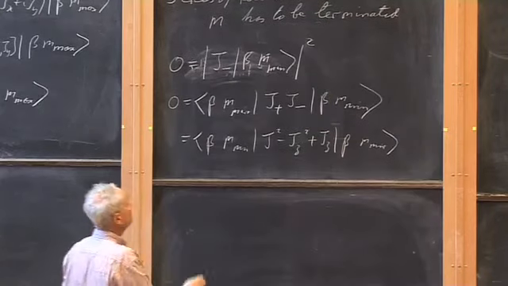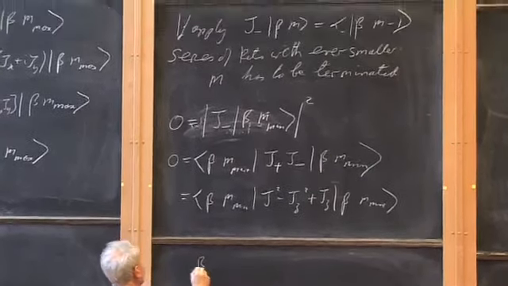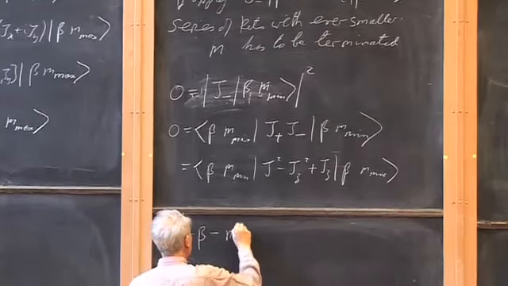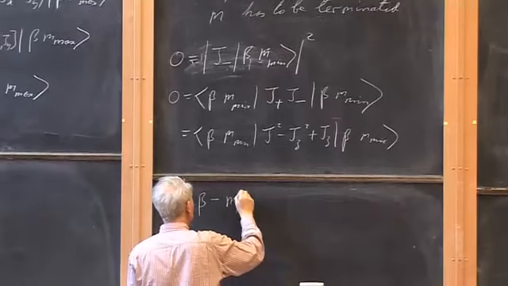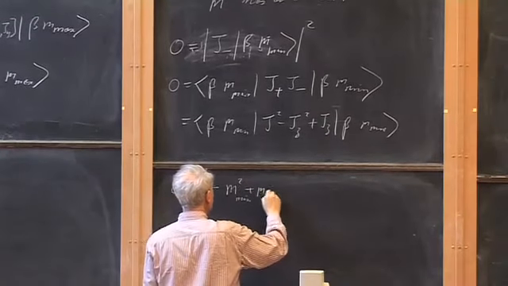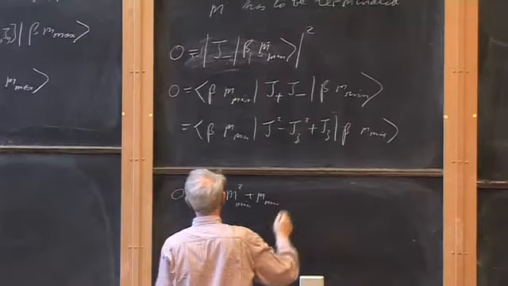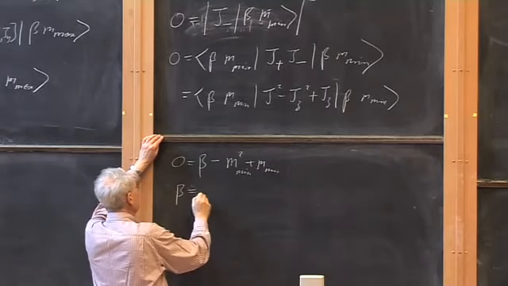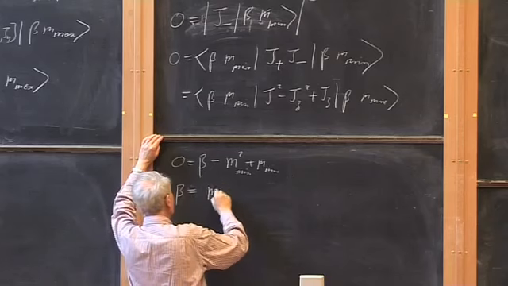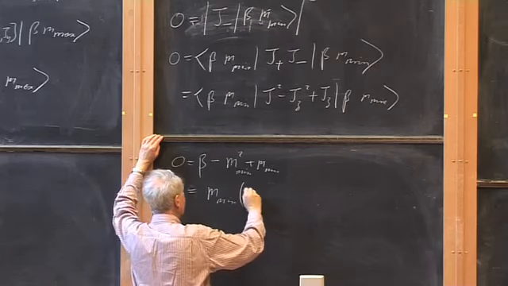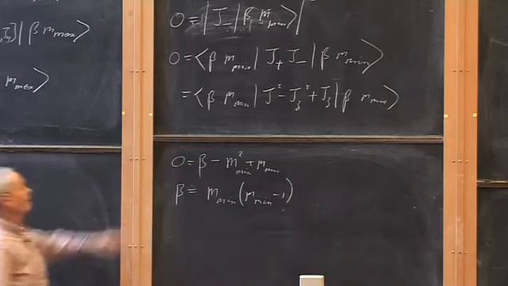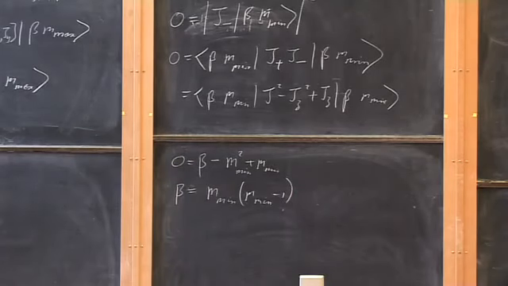Which is going to lead to the conclusion that nothing is going to be beta minus M min squared plus M min. In other words, beta is also equal to M min, M min minus 1.